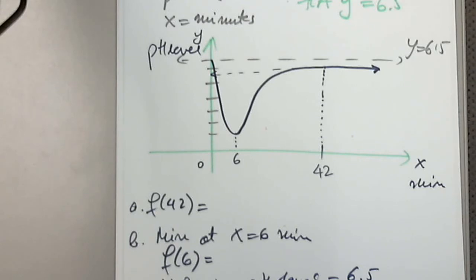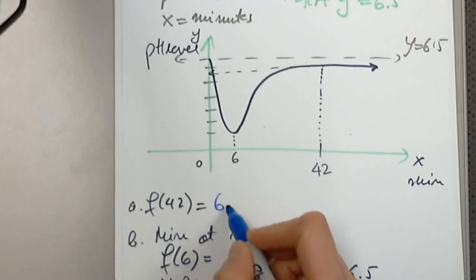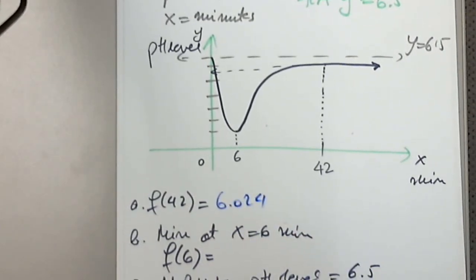Then I go to second and table, and plug in what I want. I want 42 and 6. At 42 it is 6.024, and f of 6 is 4.8.